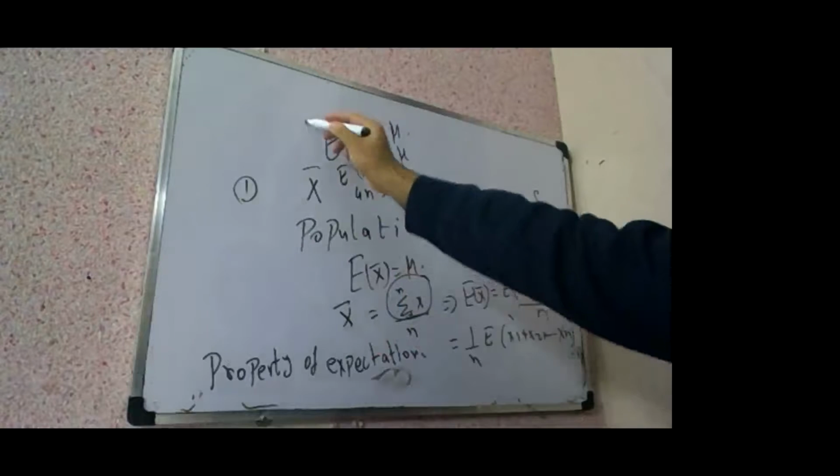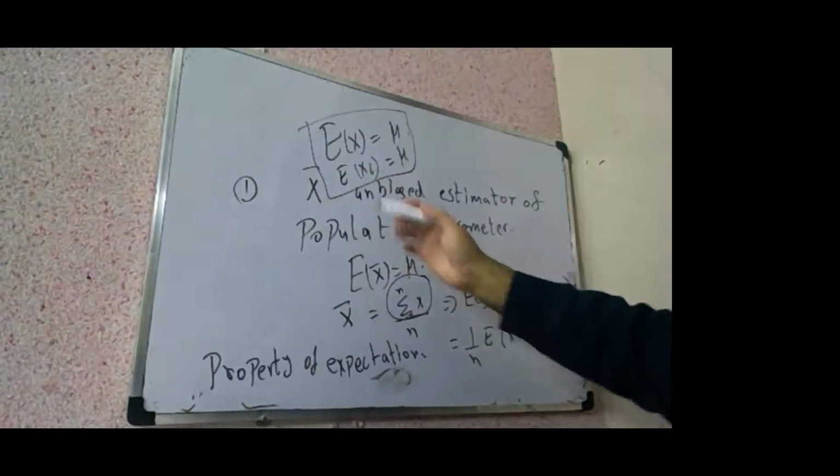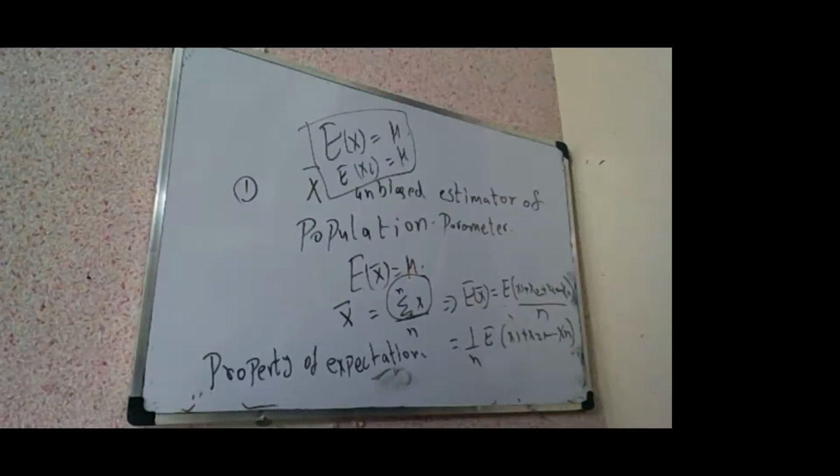So expected x1, x2, x3, all of them have some disturbance term, right? So can I write this as 1 upon n times mu plus so on, n times mu? I can easily write that.